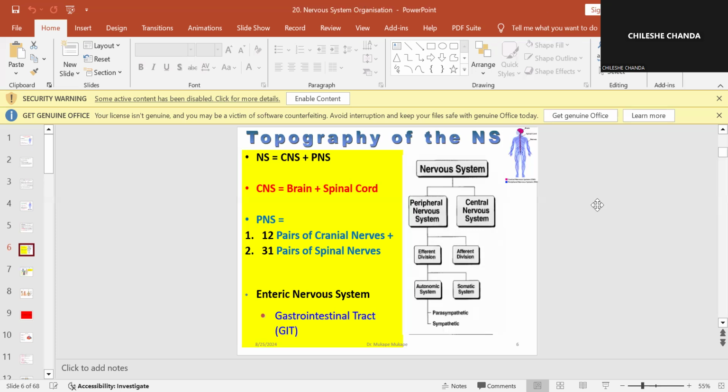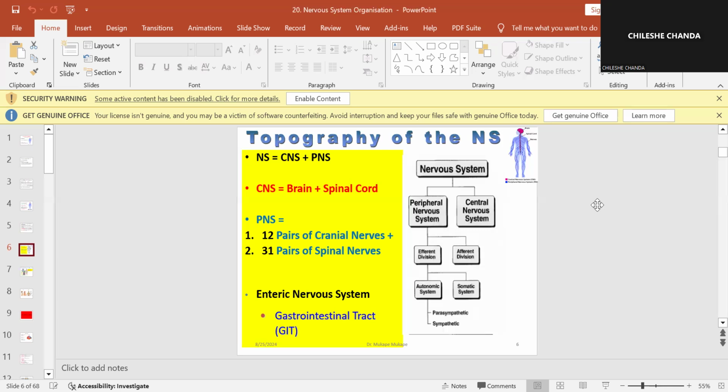The autonomic system is the one that operates without your approval. For example, the nervous supply that goes to blood vessels: you don't have to tell the blood vessels to be elastic in order to allow blood to pass through.